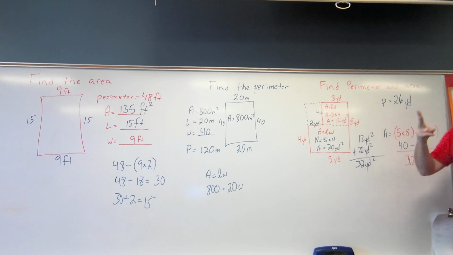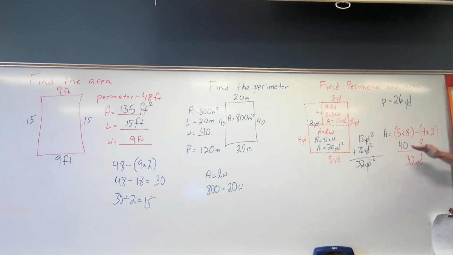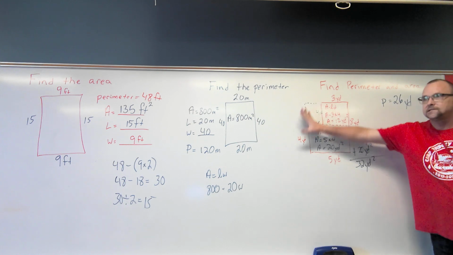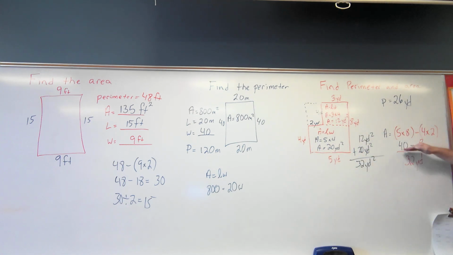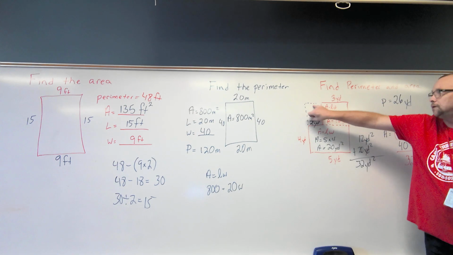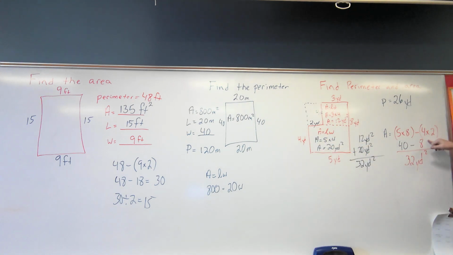Basically, I can do it 2 different ways. I can do it the way Soraya said, and find the area of the whole thing. I'll pretend this is an entire rectangle, and I could do 8 times 5, and that would give me 40. But that's not the area of the entire shape, because I included this part in there. And then I could find the area of the little part, which was 4 times 2, and then I could subtract them.